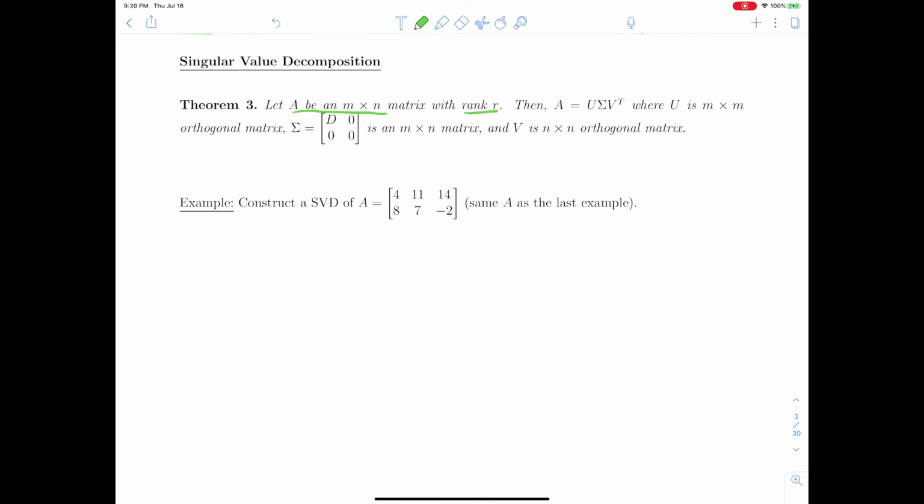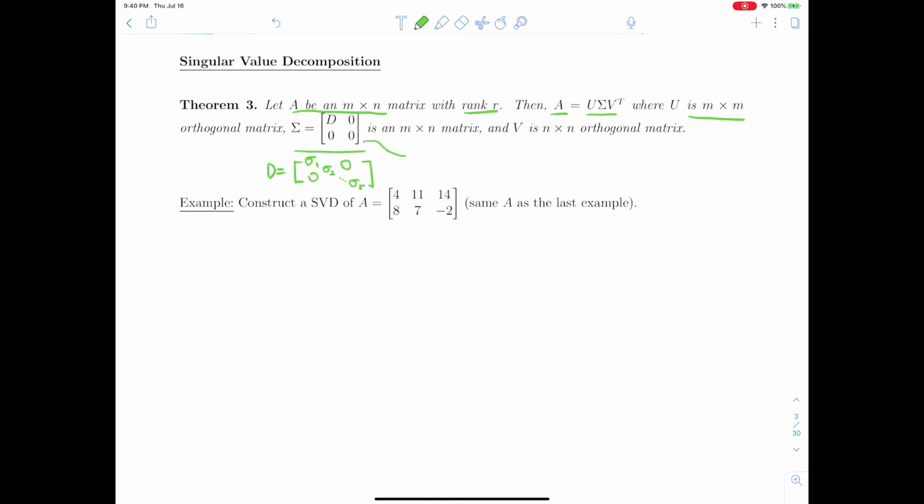Then we can decompose A into U sigma V transpose, where U is an n by n orthogonal matrix, and sigma, which is an n by n matrix, is given by D, 0, 0, 0, where D is the matrix of the singular values, sigma 1, sigma 2, and so on until sigma r, and the rest are zeros.